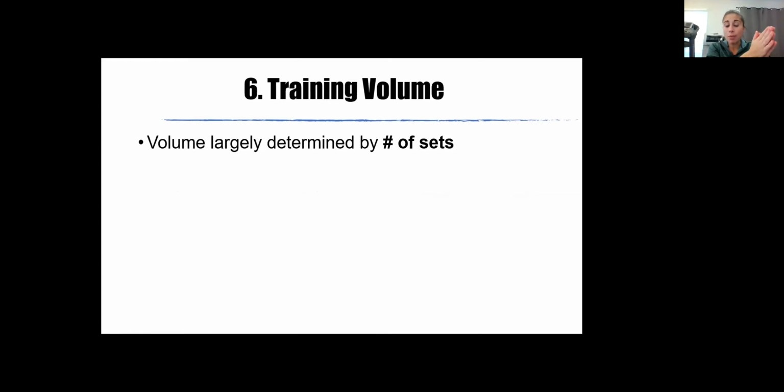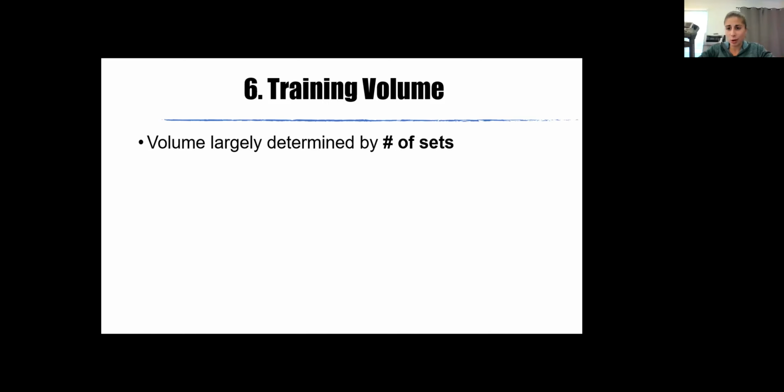But let's say I kept my reps at 10, but I added a whole other set. I just did an extra 10 reps of that weight, which is more than just increasing the reps, if that makes sense, right? So sets is a primary determinant of volume.